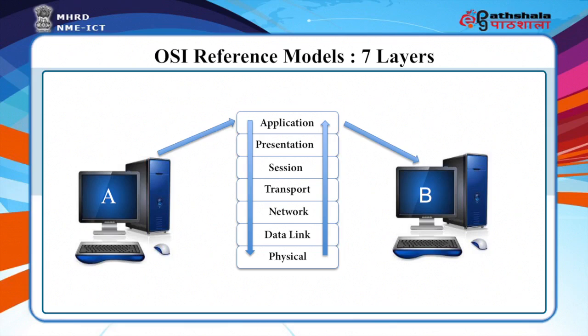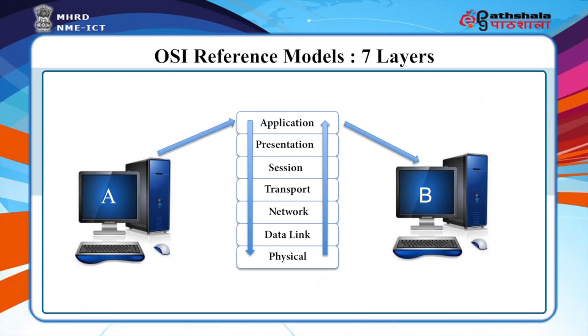The physical layer is slightly different from other layers because it works on the physical media, and in that media data is transmitted as signals. The cable is not transmitting data as it is, but only passing signals from one point to another. So the physical layer transmits only signals.